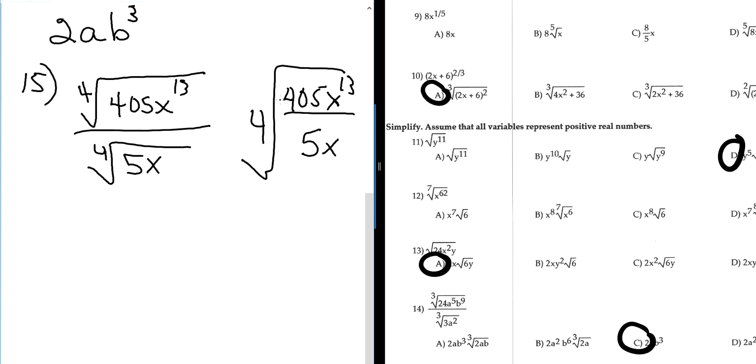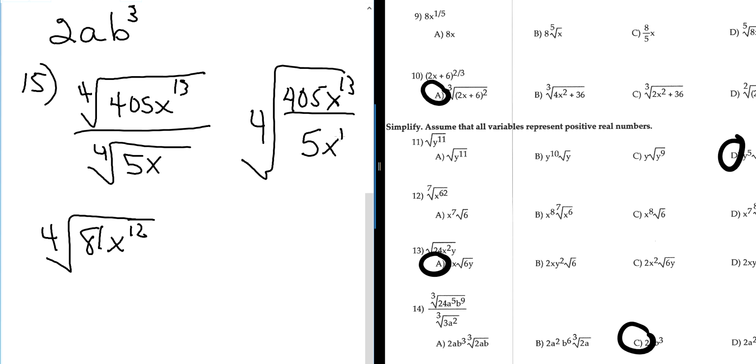Then I've got to figure out what's 405 divided by 5. Okay, real quick here. And that gives me 81. All right, so I'll write it down here, the 4th root of 81, x to the 12th.